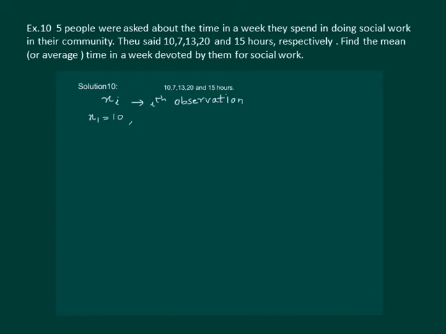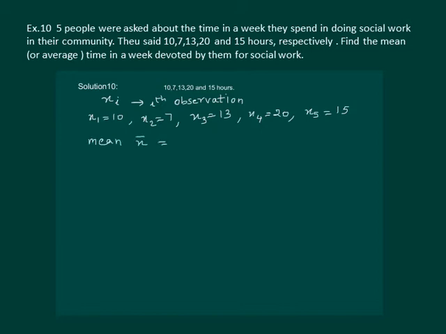Second observation is denoted by x2, which is 7. Third is denoted by x3, which is 13 hours. Fourth is denoted by x4, which is 20 hours. And the fifth observation is denoted by x5, which is 15 hours.